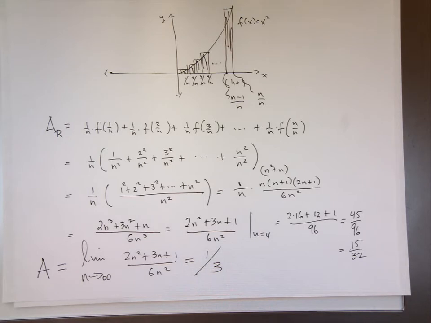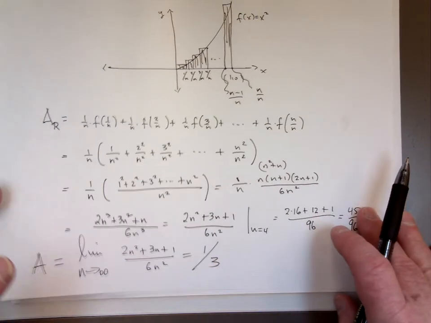Okay. Here's the process that we're going to use to replace this. Now, I'm not going to do a proof of this today. I'm going to leave that for next time. But I just want to show you that this process can be replaced by doing the following. This area under that curve is going to equal an integral.